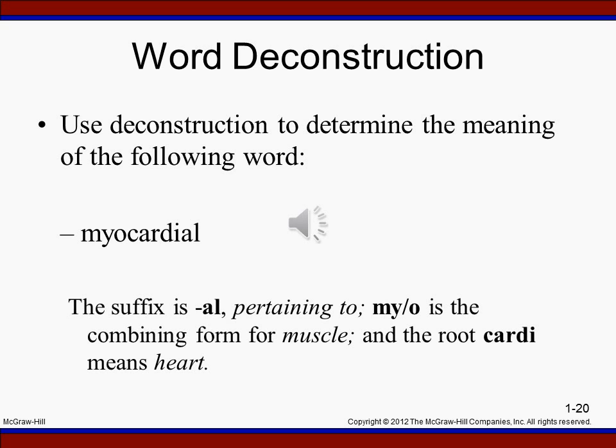Let's take a look at this word here, myocardial. This particular word, we're going to follow our process. We're going to look at the suffix of the word, which is AL. The suffix AL means pertaining to. The root word here is MY, with O, which is a combining vowel. MY/O is the combining form for muscle.